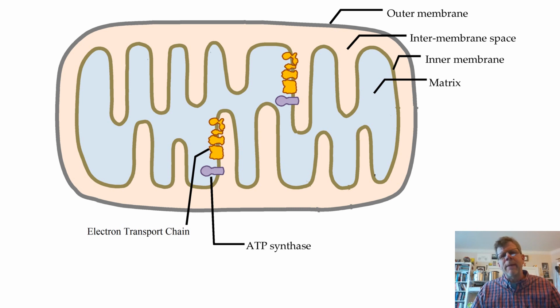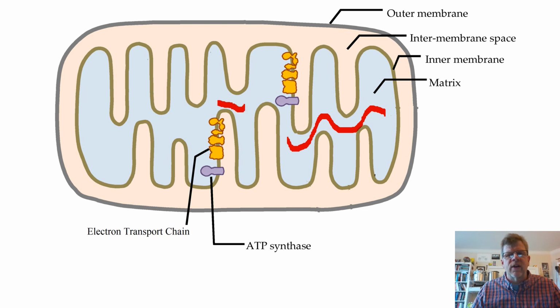Now, having 2 membranes, that compartmentalizes us into 2 general areas within the mitochondrion. Within the inner membrane of the mitochondrion, we have what is known as the mitochondrial matrix in blue right here.